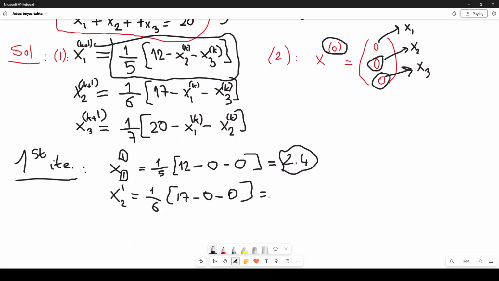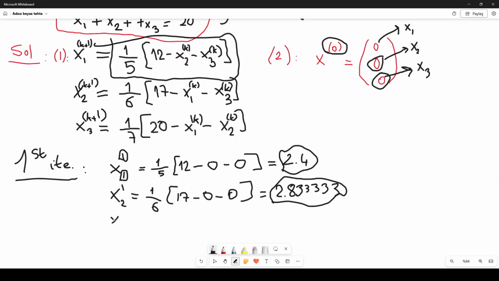So we have 17 over 6, and how many decimal digits we write is our choice, but if we want to write it down clearly, we can. This is the new value of the second unknown variable.